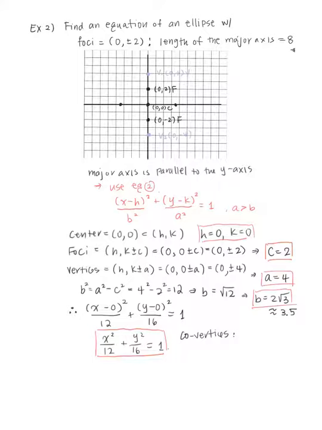Okay, perfect. So let me label the co-vertices (2√3, 0) and (−2√3, 0). Let me write down the answer here. And this is my CV, CV means co-vertices.